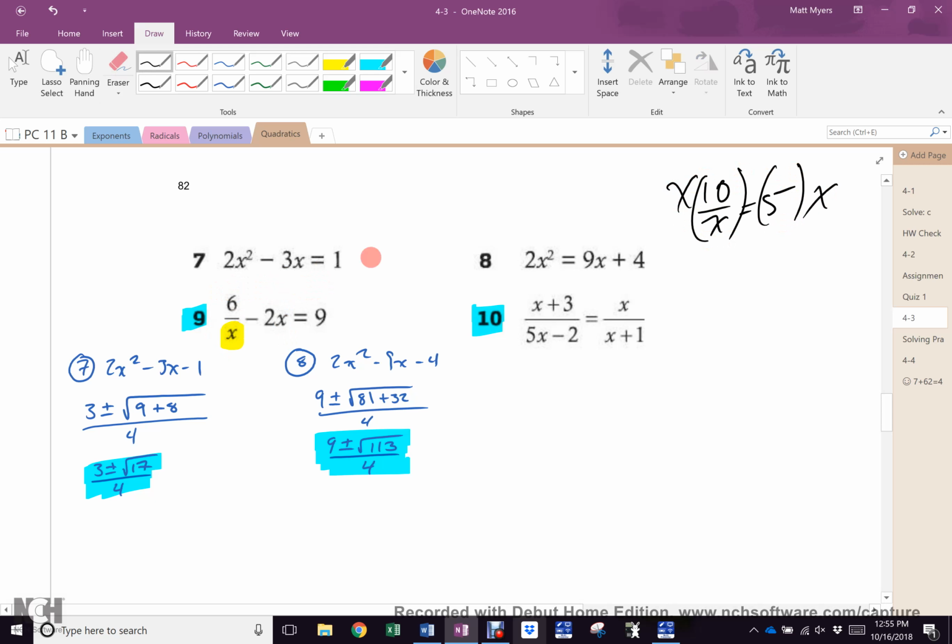There you go. And what do I need to do with 10? Cross multiply. What you already know how to do from previous years. There and there. And then what? You do the multiplication, then what do you do with your big, long, gigantic answer? Put everything on one side, collect your like terms, and then go back to the quadratic formula.